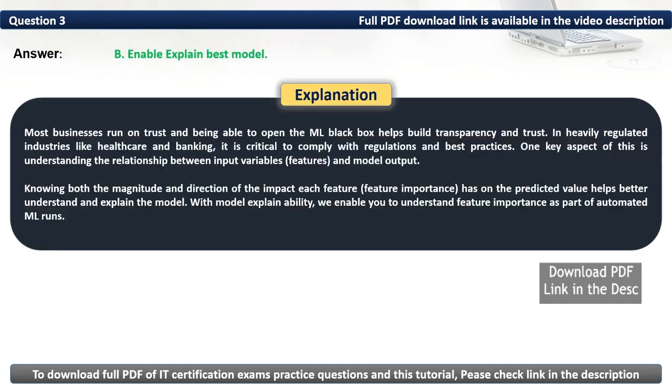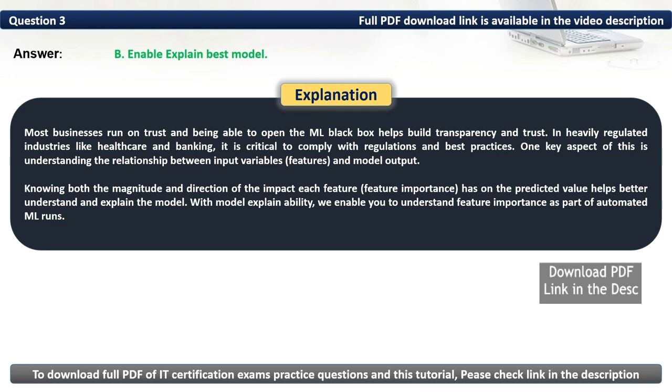Most businesses run on trust, and being able to open the ML black box helps build transparency and trust. In heavily regulated industries like healthcare and banking, it's critical to comply with regulations and best practices. One key aspect of this is understanding the relationship between input variables and model output.